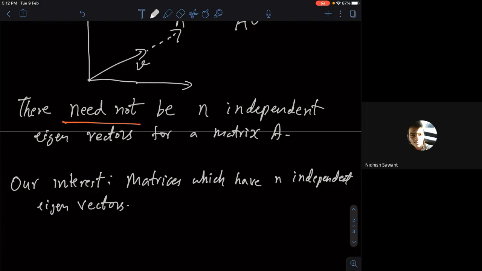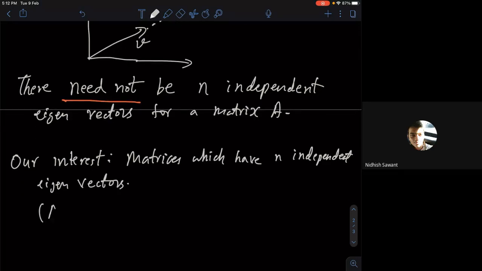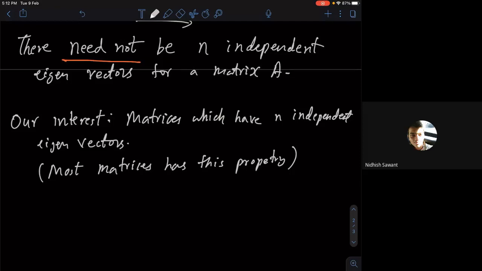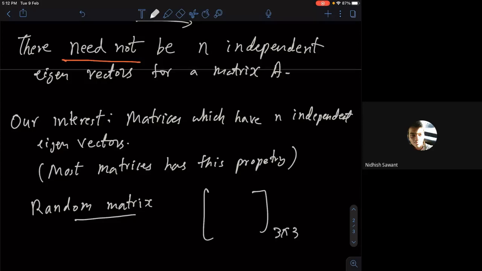So this is our interest, and most matrices are going to satisfy this property. If you write a Python program to create a random matrix, what do I mean by a random matrix? You first fix a dimensionality, let's say a 3 cross 3 matrix, and you randomly choose some numbers here. If you do that, highly likely you're going to end up with a matrix which has n independent eigenvectors.